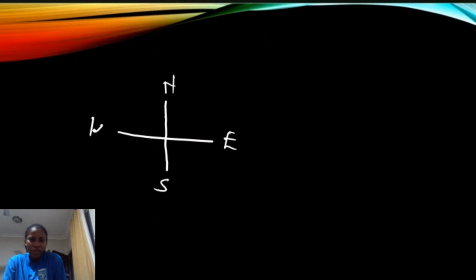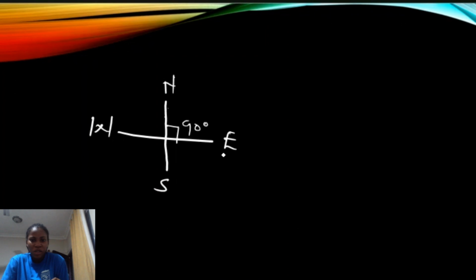Next slide. We earlier said that for bearing, we always start from the north. The north is the reference. The angle between the north and east is 90 degrees.